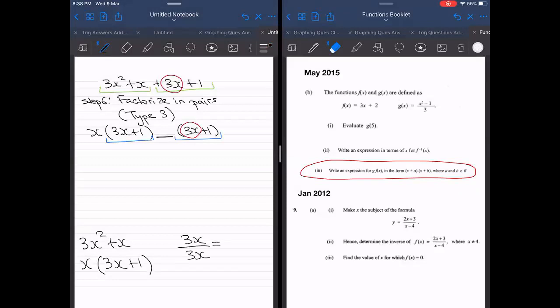Remember, anything divided by itself is 1. So again, to do type 3, you group them in pairs, you factorize the first one, and whatever is in the bracket of the first one has to go in the bracket of the second one.